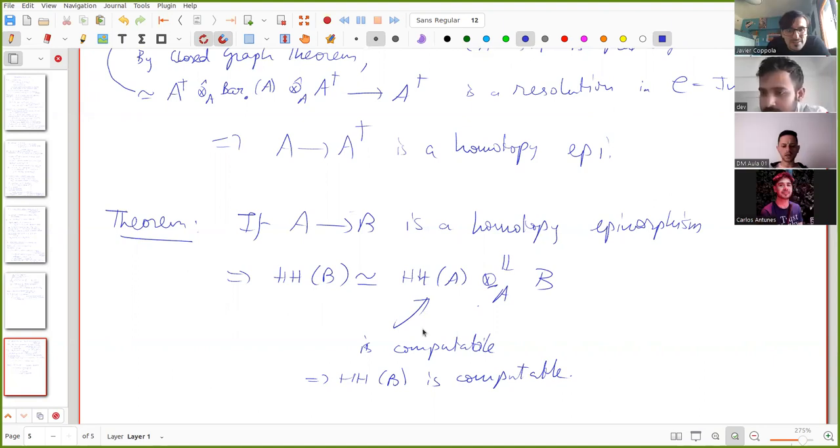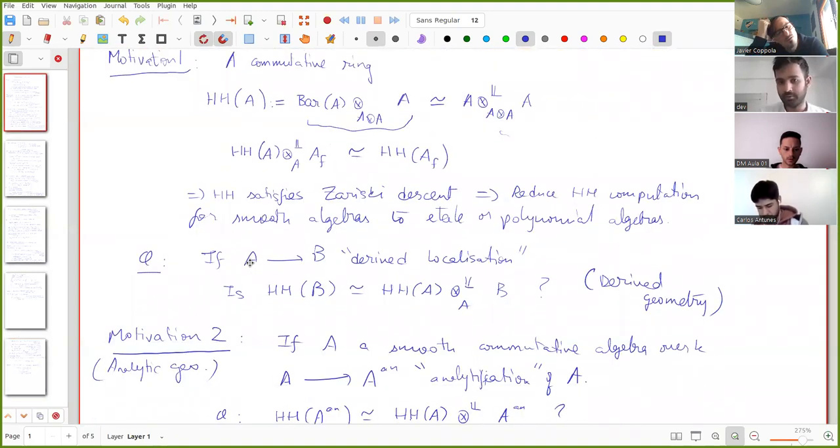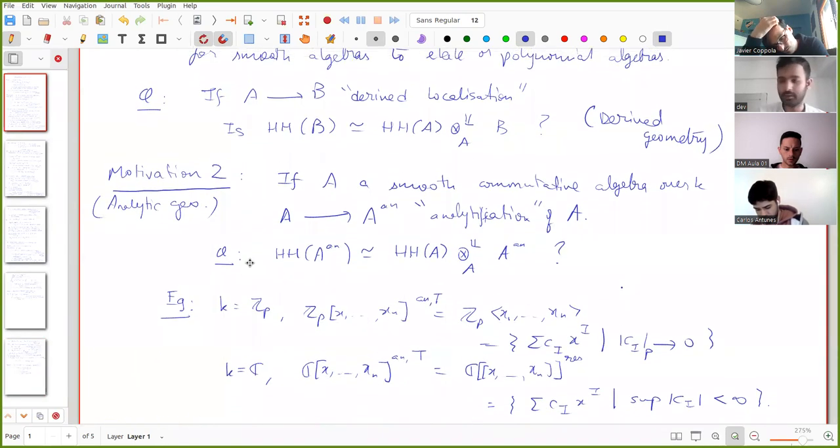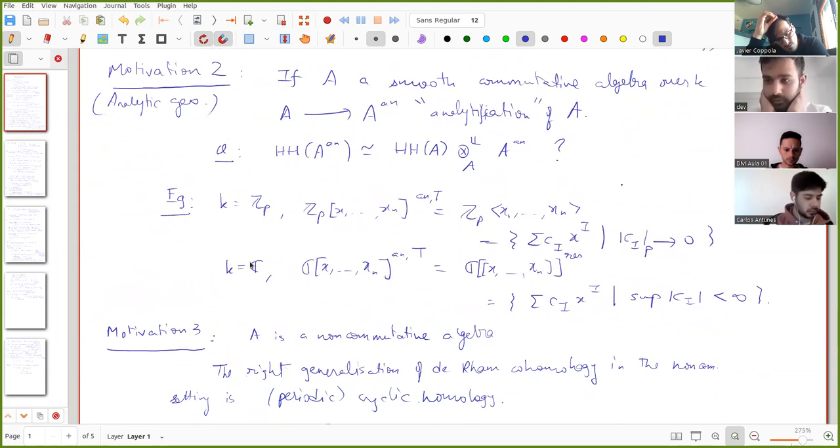So, do you have some examples for family of algebras? Well, the examples are exactly the ones I motivated. One part of examples comes from analytic geometry. You take, let's say, a scheme, and then you take the analytification of the scheme.